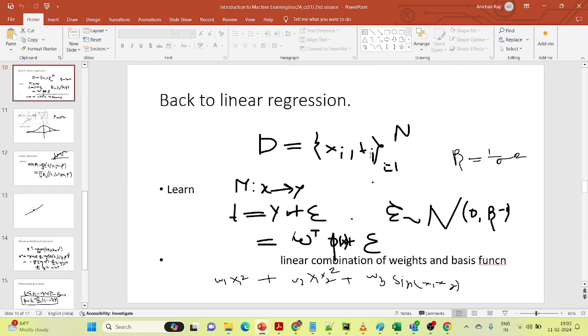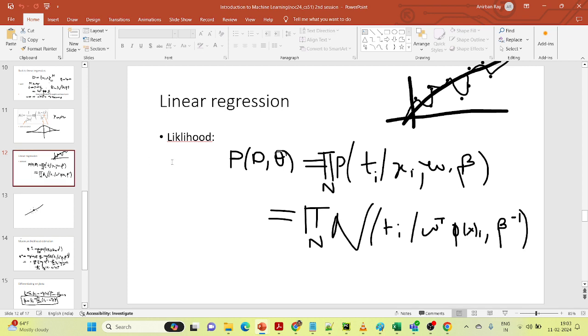Means the dependent one. And so the distribution of that with respect to the parameters w and beta, and x is the independent variable. That is defined for each training example, so for n training examples, multiplication over n.